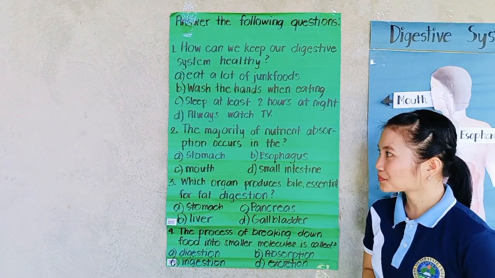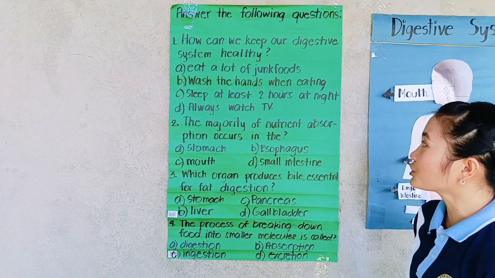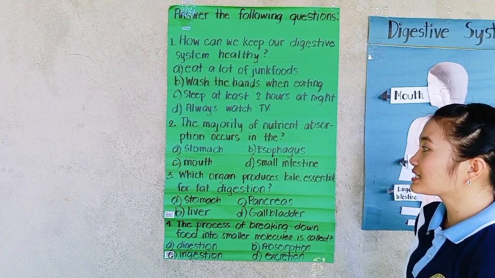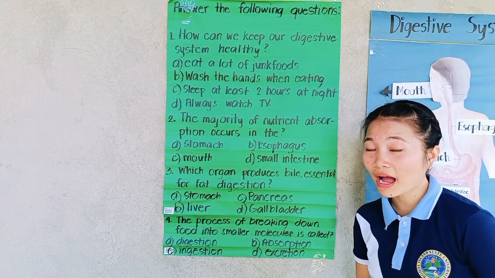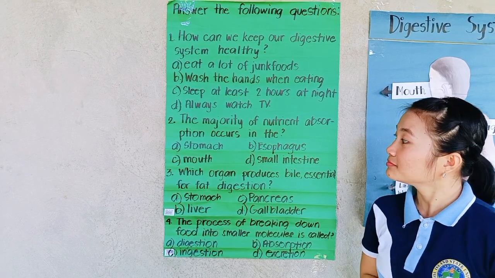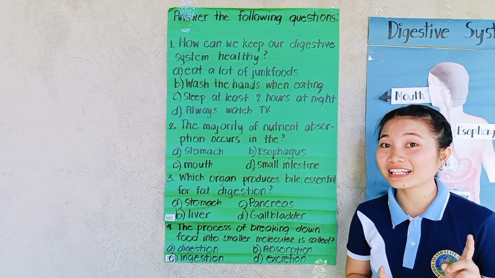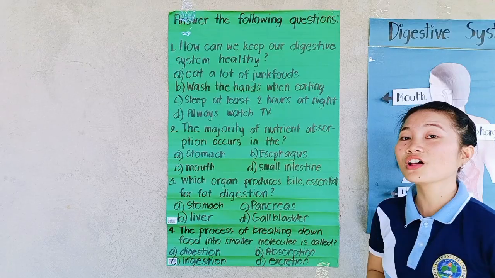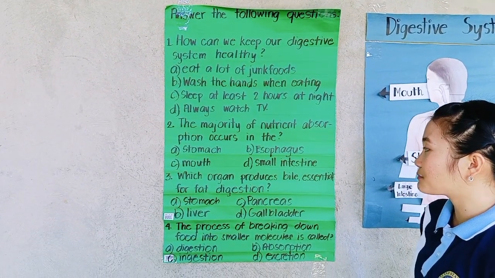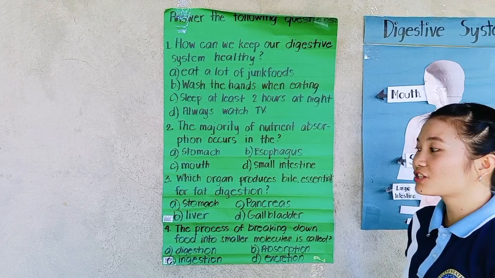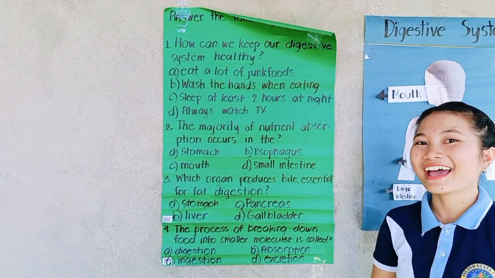Number 2. The majority of nutrient absorption occurs in the what letter? C. Mouth. Are you sure? Very good. It's letter D. The small intestine. Number 3. Which organ produces bile essential for fat digestion? Exactly.